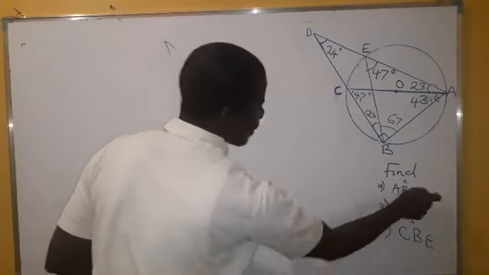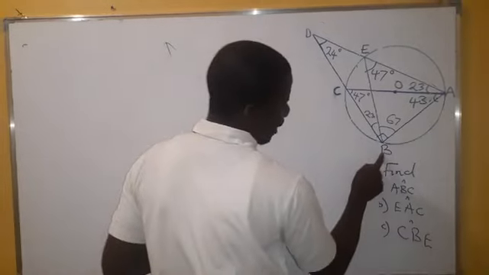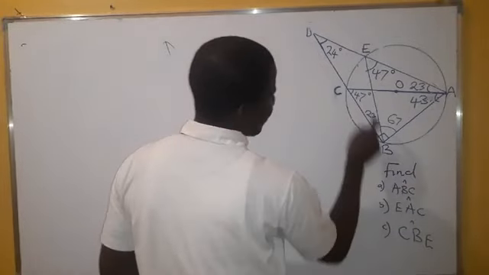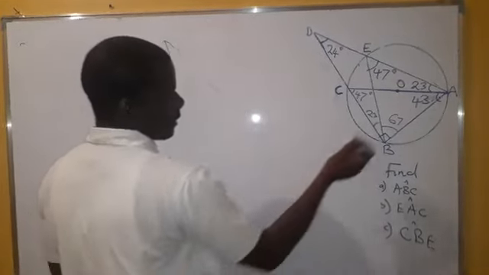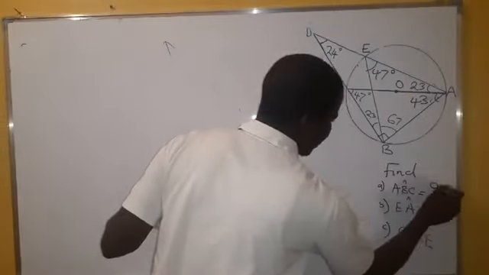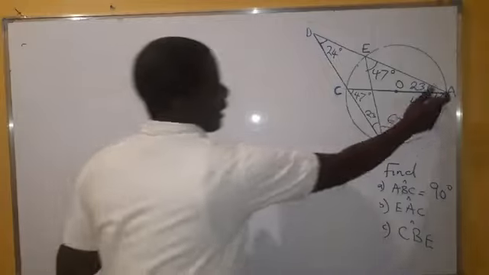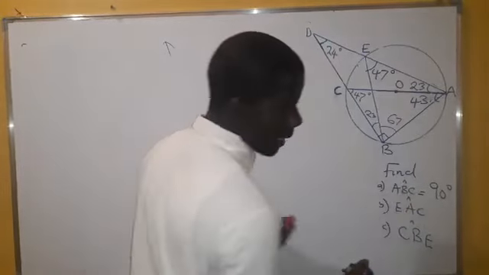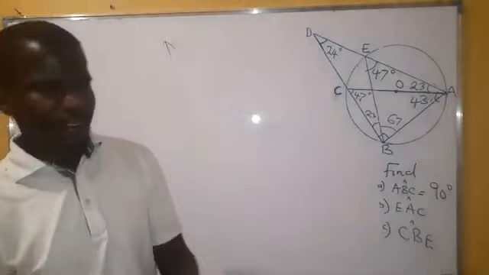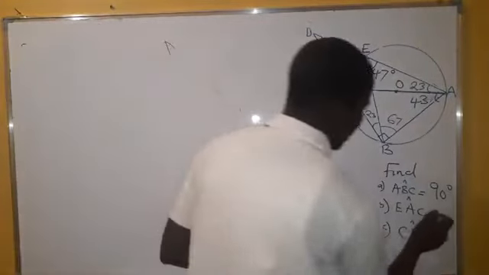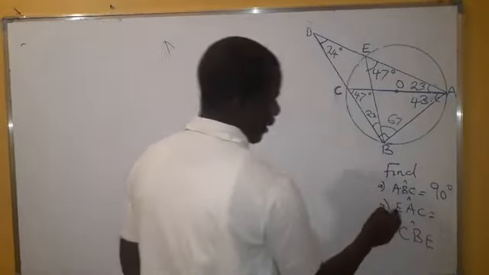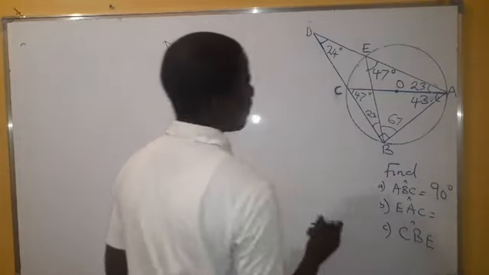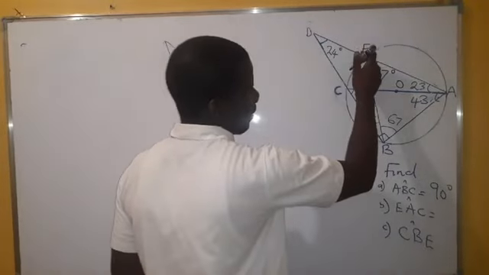So let me come to the questions. A, B, C. The first one was very simple. It's 90 degrees, like I told you. Why? This is the diameter. So we say the angle in the semicircle is what? 90 degrees. And that is what we got there. So we go on. EAC.